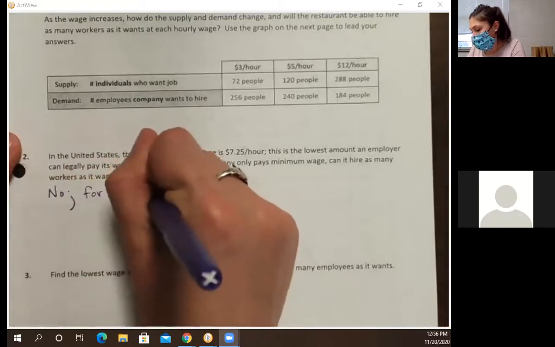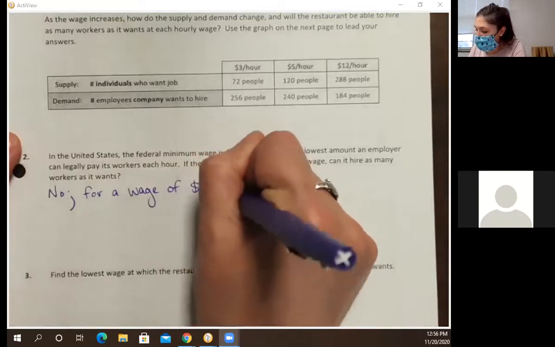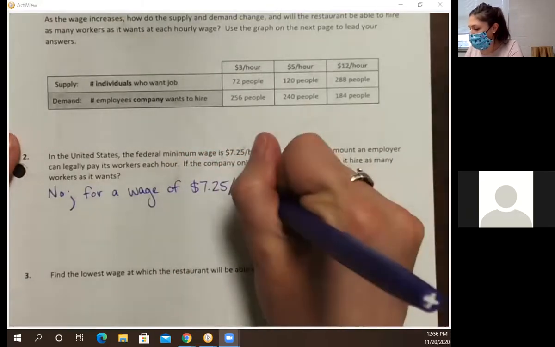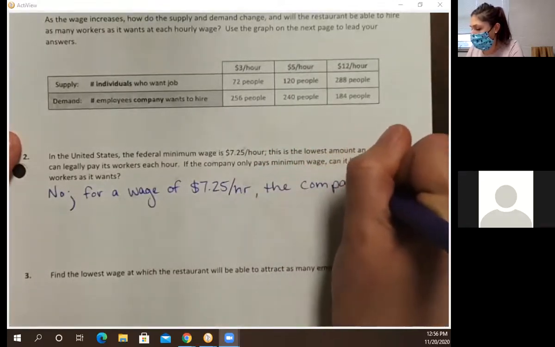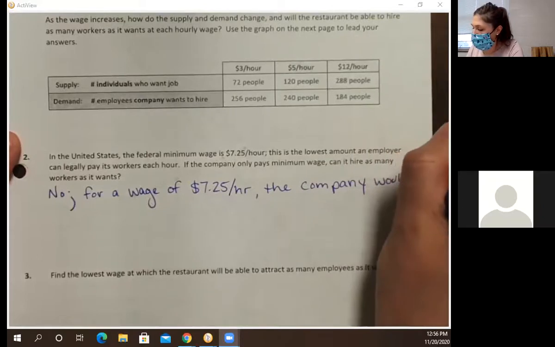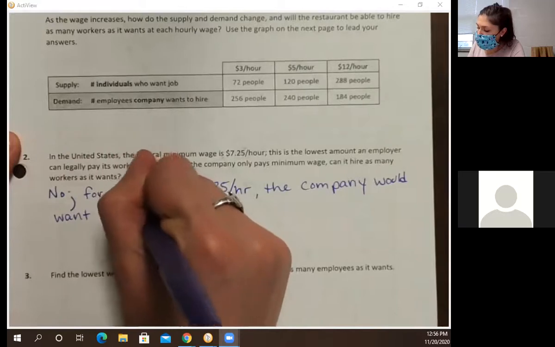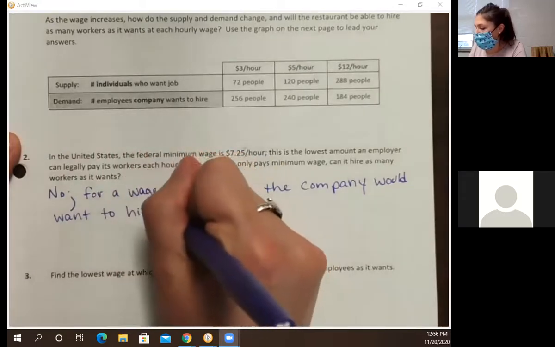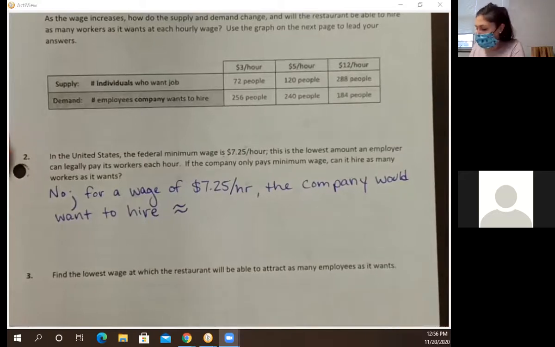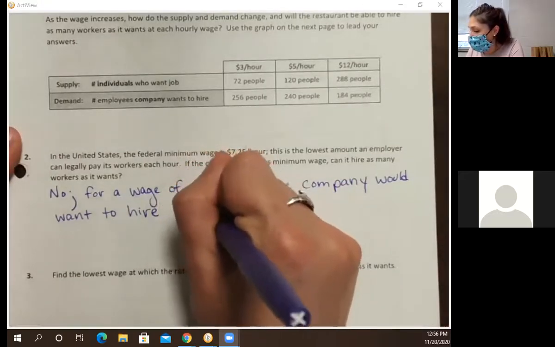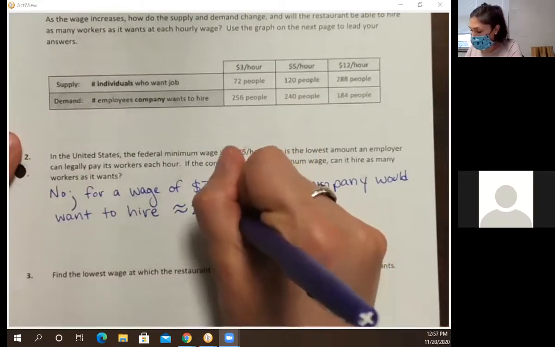For a wage of $7.25 per hour, the company would want to hire, and I'm going to say approximately, that kind of curvy equal sign means approximately, approximately 225 people.